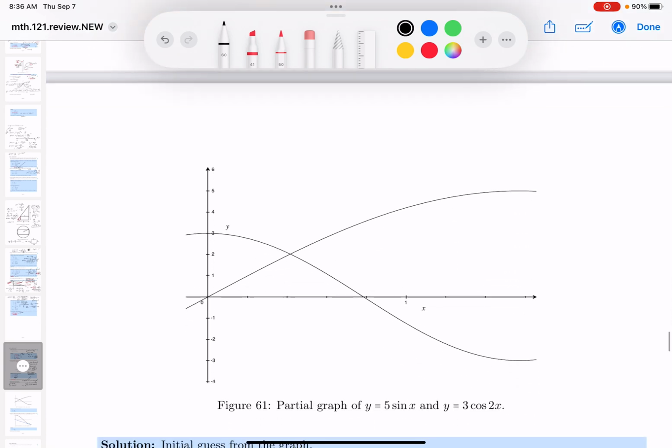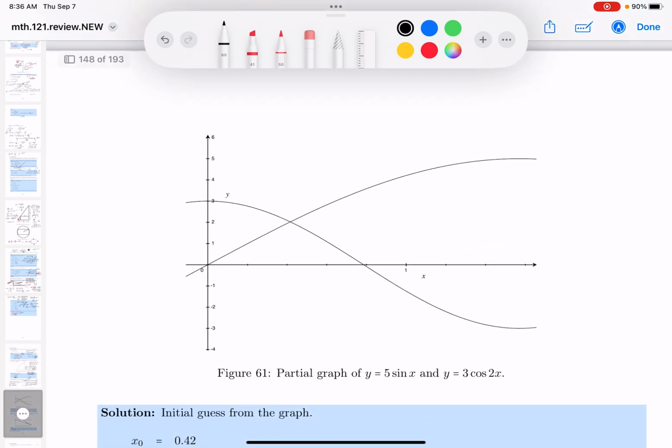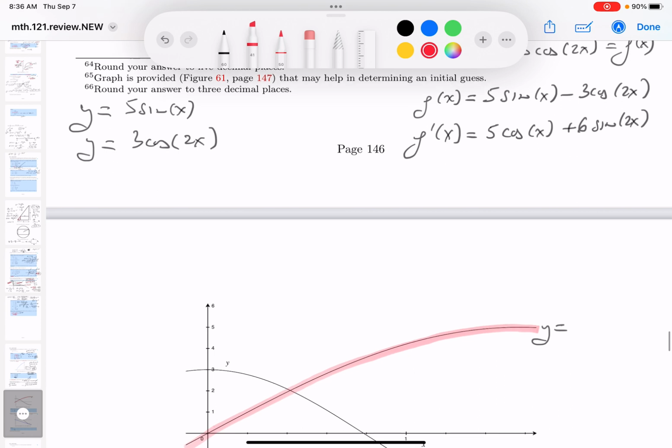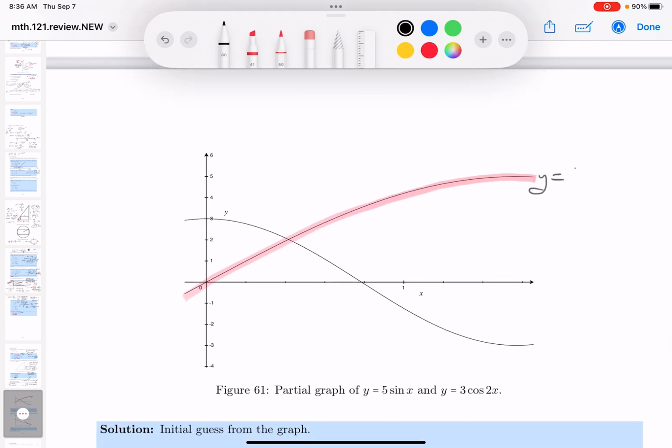Let me go over that with you. And I'm looking at it. I'm using the computer to do that though, and I will show you this when we go to the computer to do this problem. I'm talking about this graph here. That's going to be the sine one, 5 sine of x.